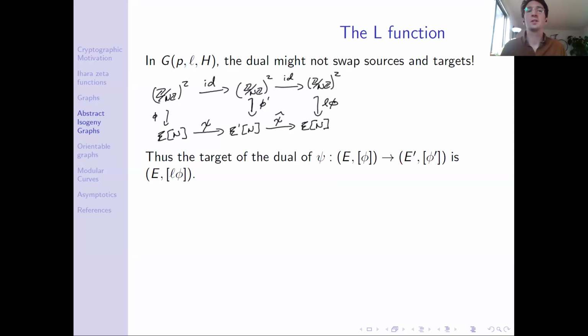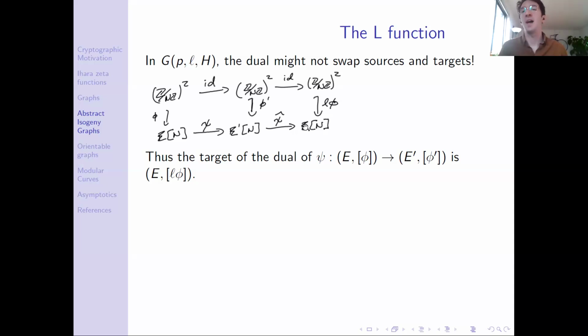The picture that I have in mind for this is looking at what happens to the level structure when you take an isogeny and then you apply its dual. So I've just taken two of the squares I had on the previous slide and put them next to each other. So we start with psi, which is an isogeny between E on the left here and E prime, and it takes the level structure phi to the level structure phi prime. Well, then if I do psi dual, I end up back at E, but what have I done to the N torsion across this bottom row?